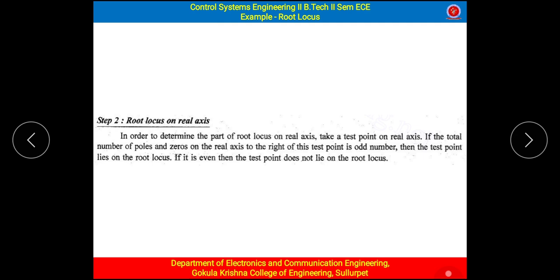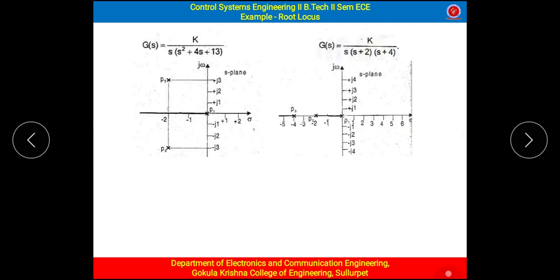So we have to go to the real axis and then verify if there are any odd number of zeros and poles towards right side, on the real axis. So if that condition is satisfied, then that particular point is on the root locus branch. So using this condition we are trying to check this particular step for these two examples.